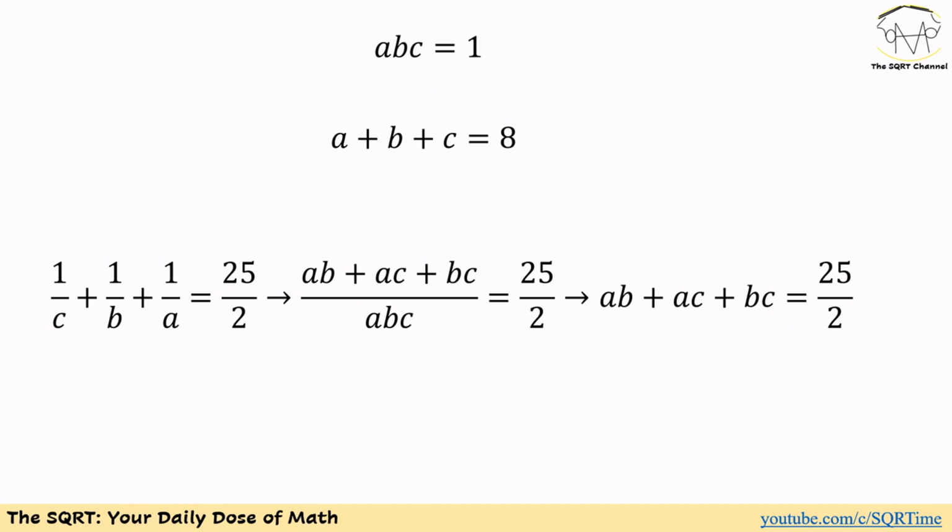At the end, we have ab plus ac plus bc over abc is equal to 25 over 2. Remember, abc is equal to 1, so we can simplify the whole expression and write it as ab plus ac plus bc is equal to 25 over 2.